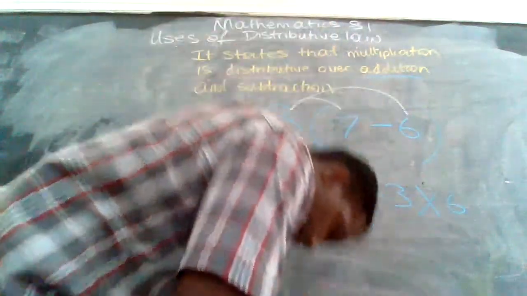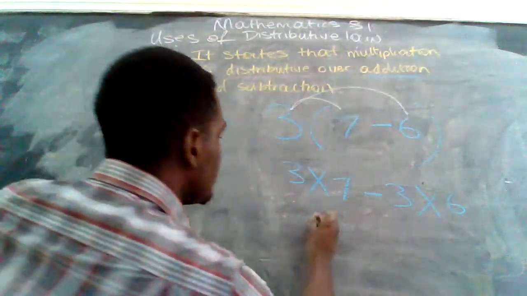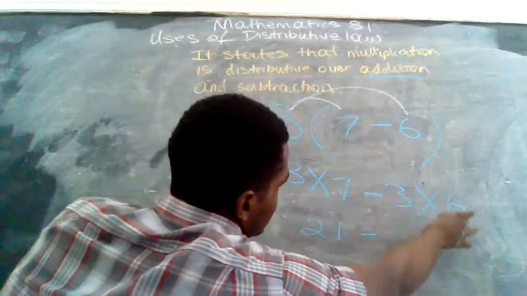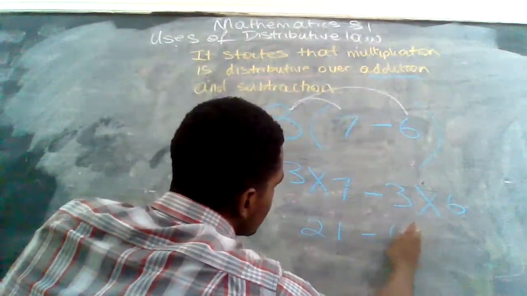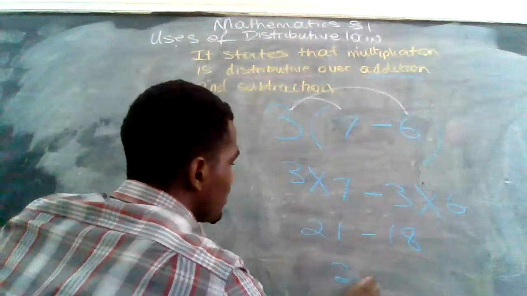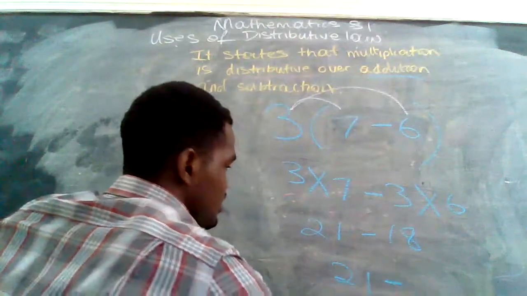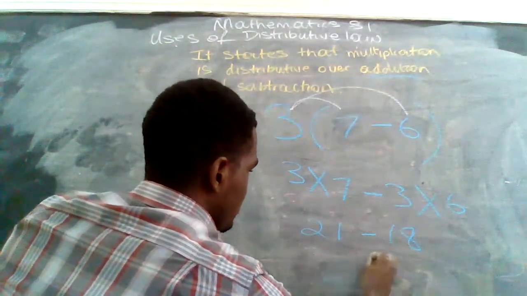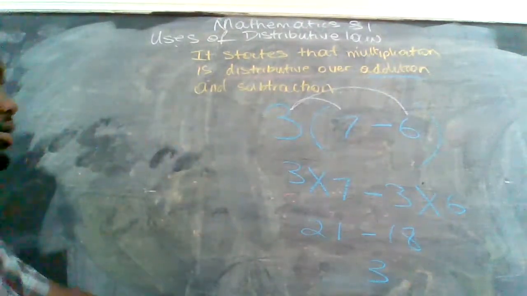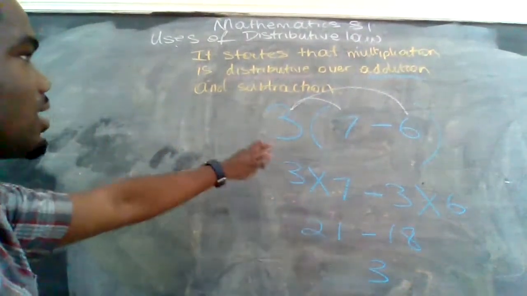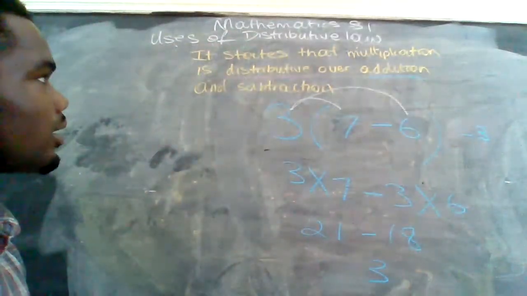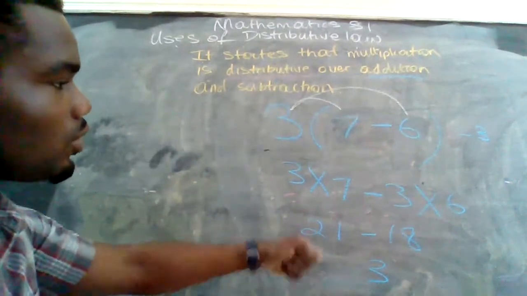There we go. 3 times 7 is 21. Keep the minus sign. 3 times 6 is 18. So therefore 21 minus 18 gives us 3. Okay? That means the answer to this is 3.